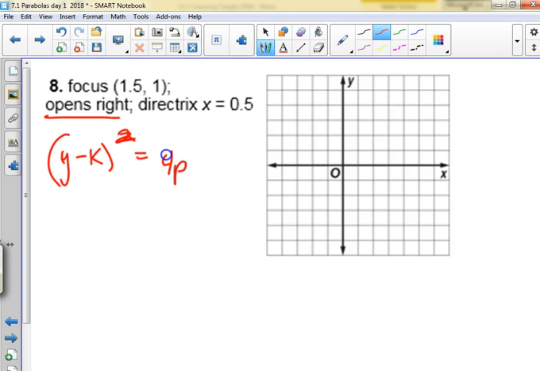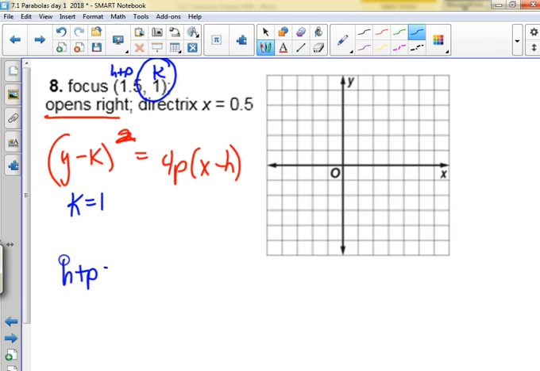What's the general form for the focus on one of those? H plus p, comma k. So what do I know right away? K is 1. Okay. And h plus p is 1.5.